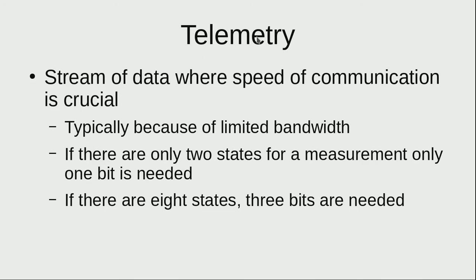These are also used in telemetry. What's telemetry? Well, it's a stream of data that's coming through some sort of a channel. Could be bits over a wire, could be radio signals, could be light signals, all sorts of things. And we're used to pretty wide bandwidth. Bandwidth is the number of ones and zeros you can stuff through your channel in a given amount of time.